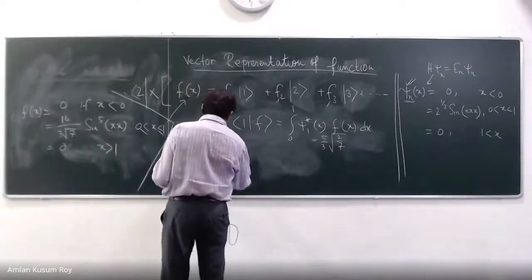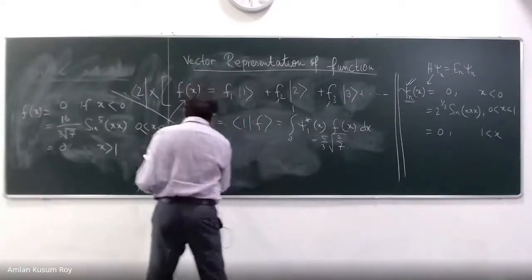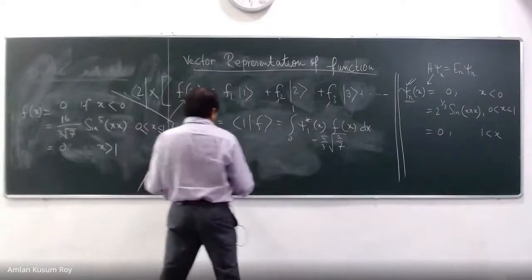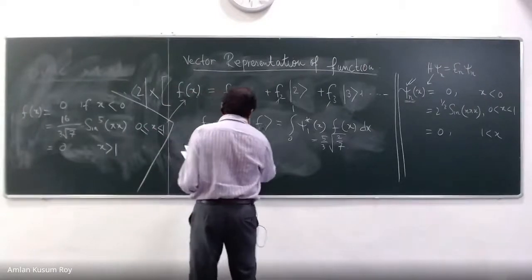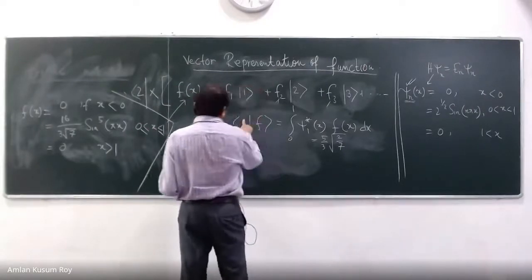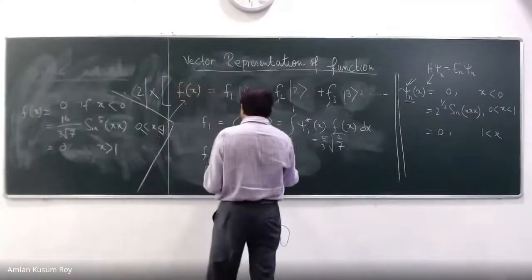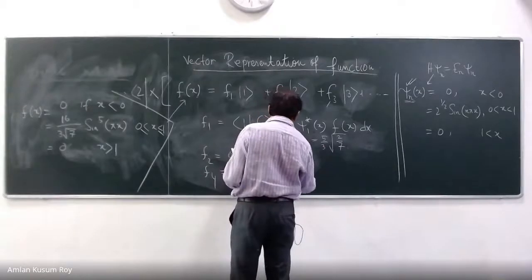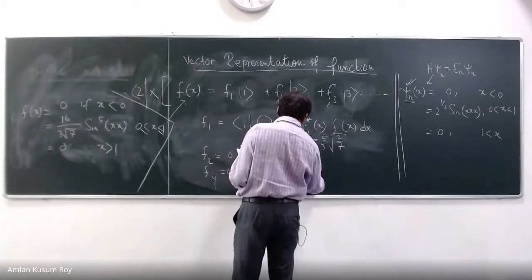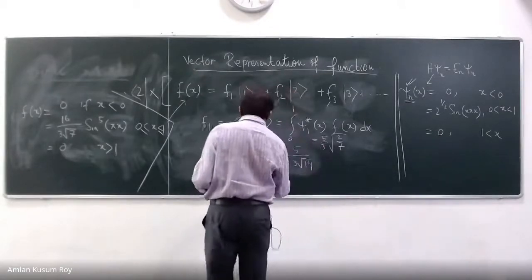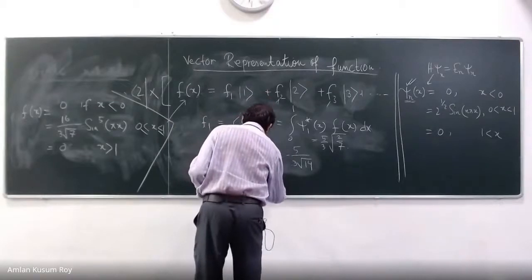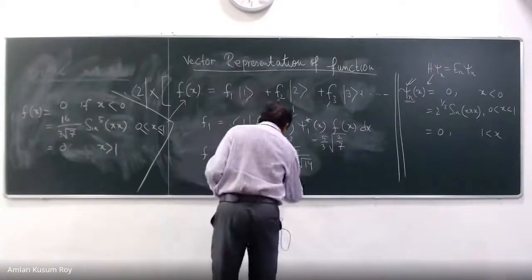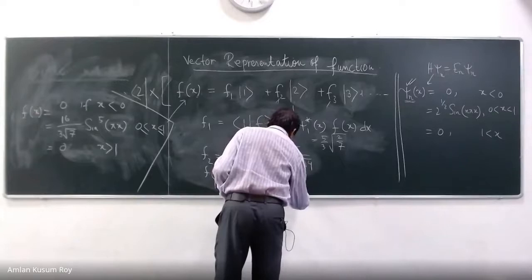Okay, so f2 is equal to 0, and so is f4. And f3, you do the same exercise, and that will give you minus 5 over 3 root over 14. And then f5 is 1 over 3 root over 14.